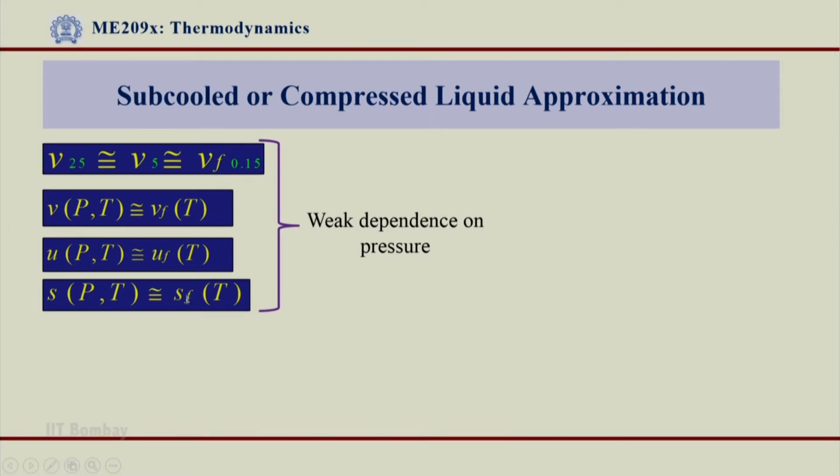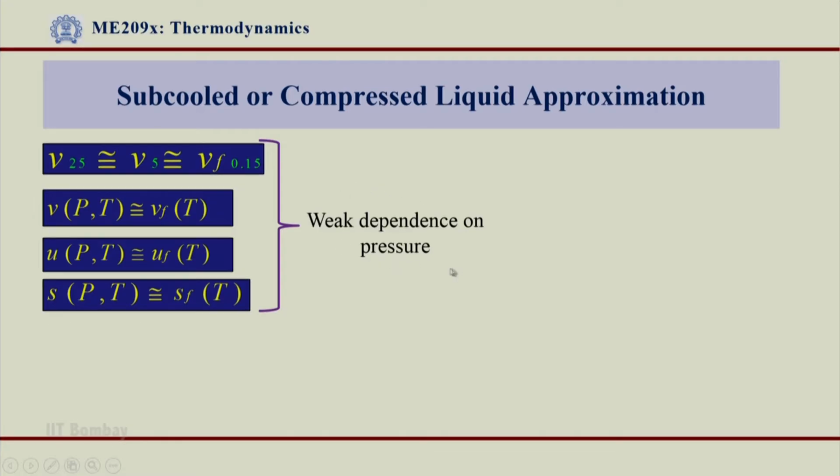The properties v, u and s have weak dependence on pressure. And why am I making such a statement? Because if you remember, right in the first lecture, we had tried to compress liquid. If you remember the compressibility of liquid, we had said that liquid is incompressible.